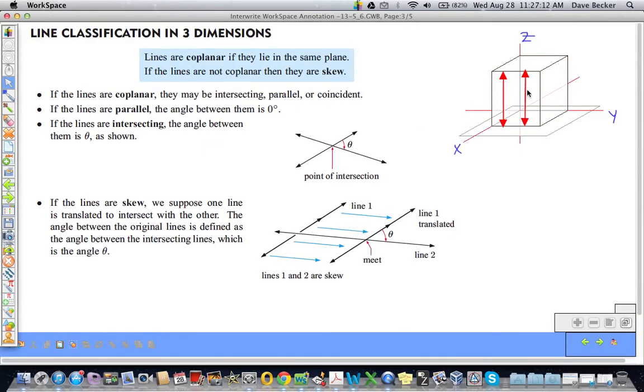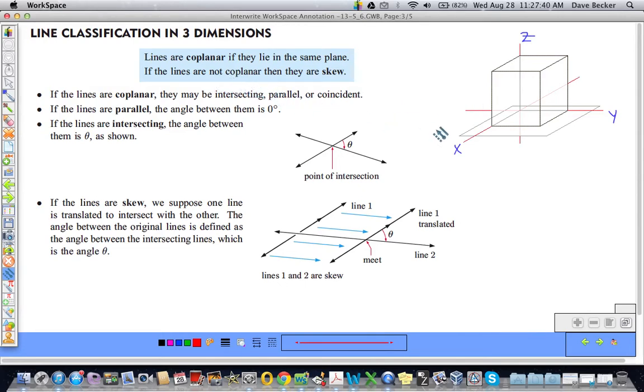Right now these lines appear to be parallel if they're in the same plane. So they're either parallel. We could also have lines in the same plane that intersect right there in this plane that's the front of this cube, or we could have lines that are coincident right on top of one another. Okay. If lines are not coplanar, they are skew.